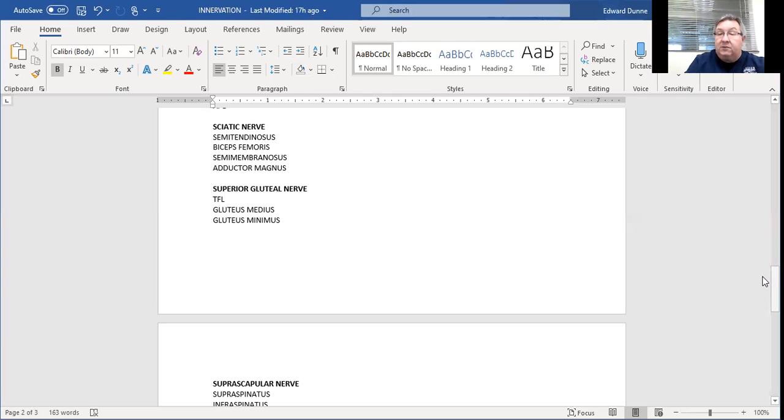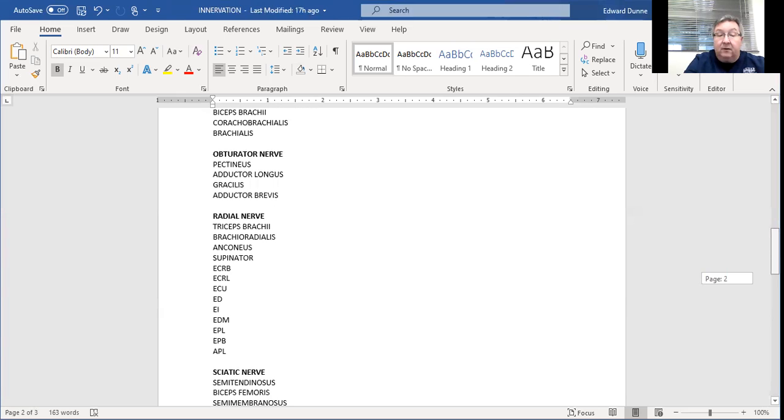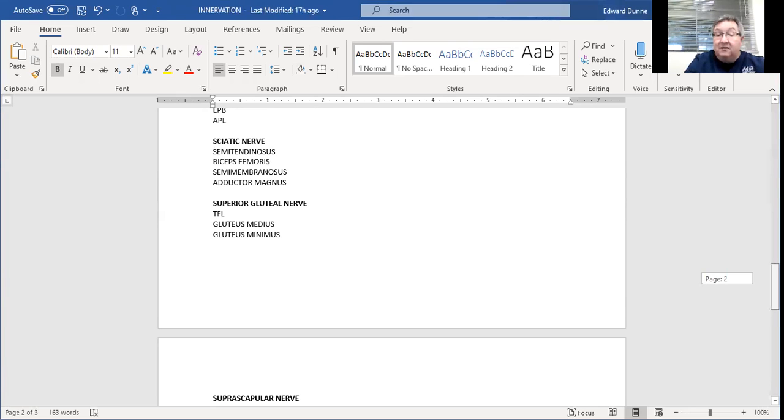Well, remember we spoke about adductor longus and adductor brevis earlier, which are innervated by our obturator nerve, whereas adductor magnus is the sciatic nerve. So those four important muscles are innervated by the sciatic nerve.